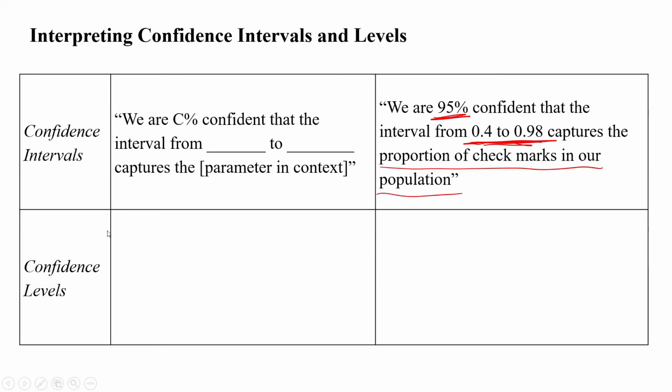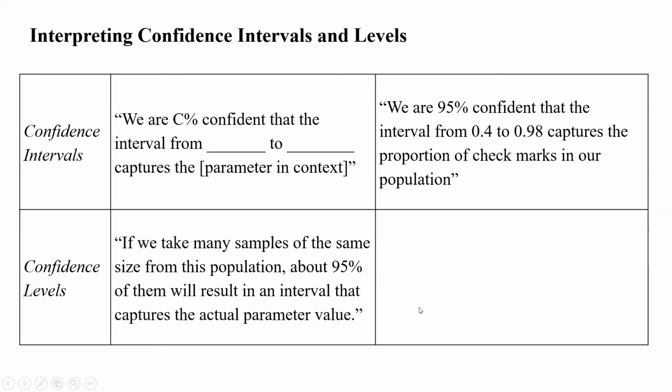Confidence level, what we just got done calculating and talking about, is: if we take many samples of the same size from this population, in our example, 95% of them will result in an interval that captures the actual parameter. So this is like C%, whatever level of confidence we used.